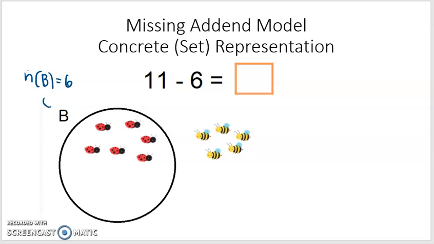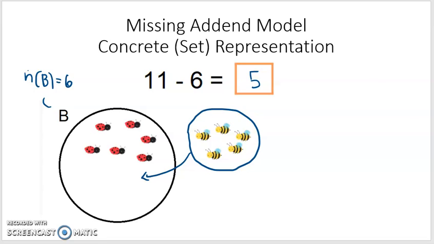That's what makes it a missing addend. You start with the 6, and you say, how many bugs need to fly into this set in order to give me a total of 11? If you take 6 and you add in those 5 bugs, you get a total of 11. So 11 minus 6 is equal to 5.